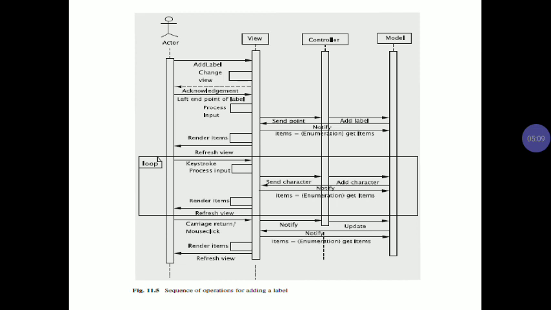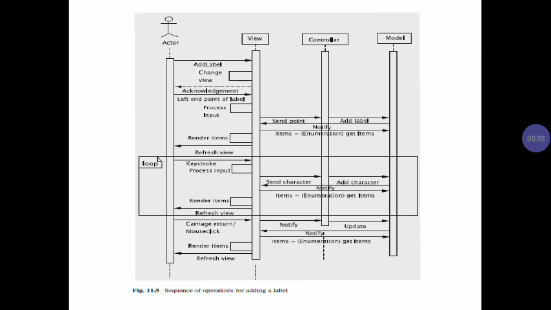The view component processes it, then gives an acknowledgement to the actor. After that, the actor sends the left endpoint of the label, which is processed by the view component and sent to the controller. The controller then sends it to the model.